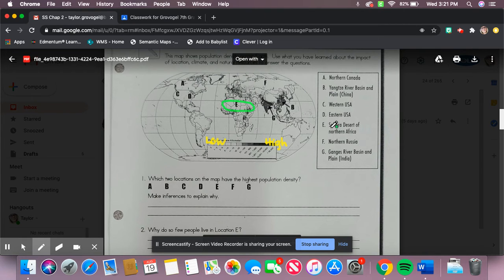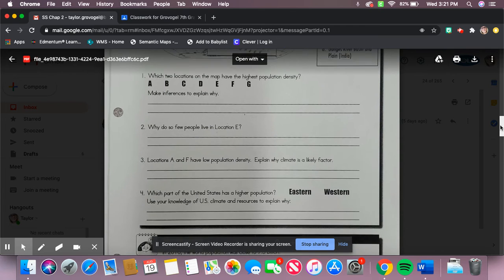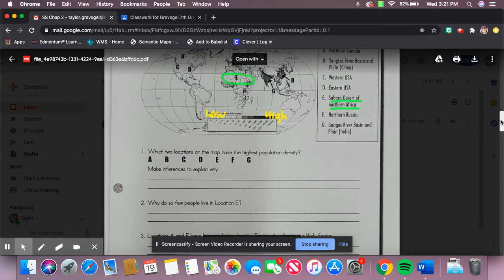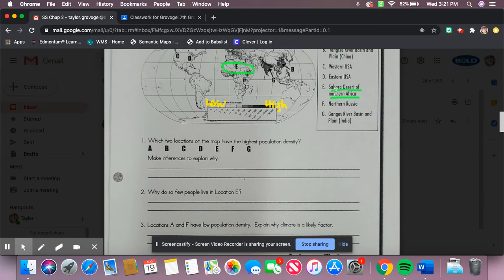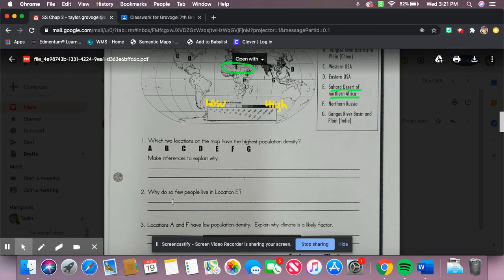All right, E is the Sahara Desert of Northern Africa. So you're going to say right here, again, full sentence, why do you think there are few people that live in the Sahara desert of northern Africa? Go ahead and pause to answer this question, and then hit play when you're ready to move on to question 3.